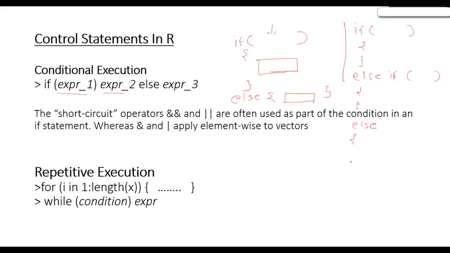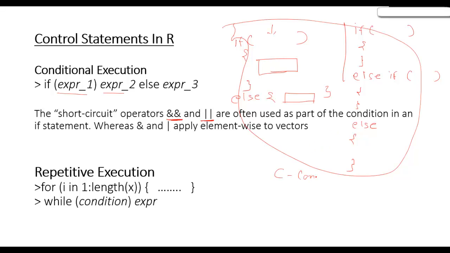So it's pretty straightforward. The operator for AND is ampersand ampersand, and this is for OR, the pipeline operator. So basically, the control statements are not different from the C control statements.